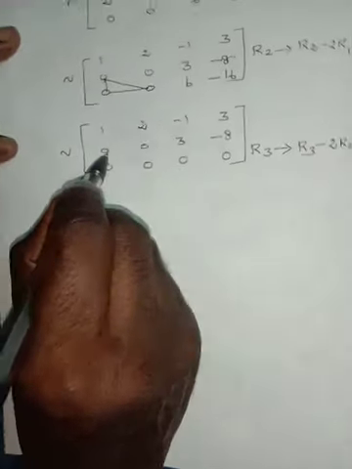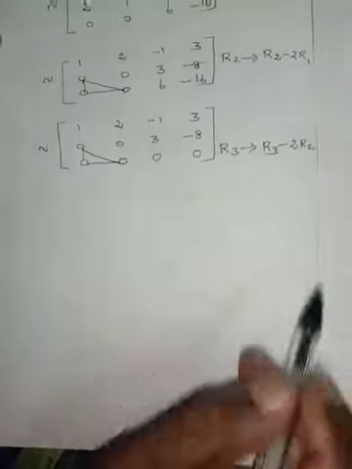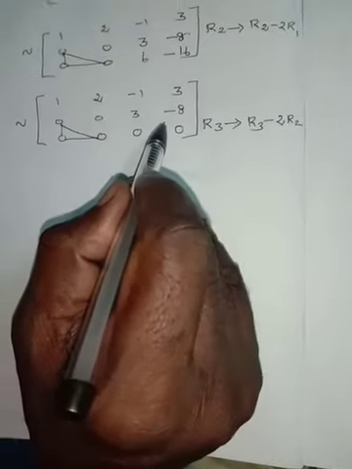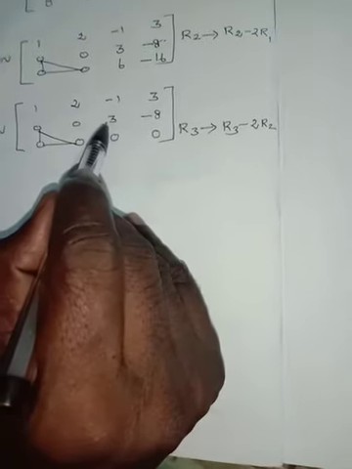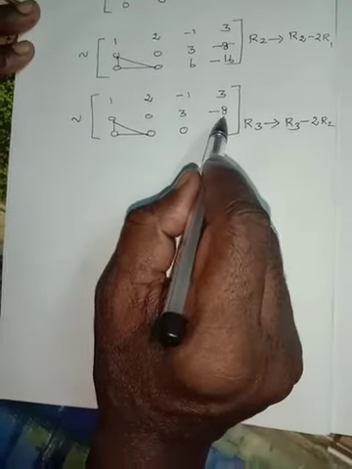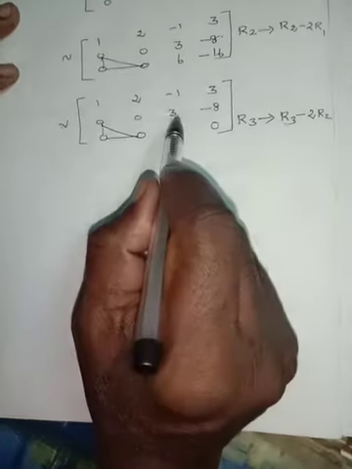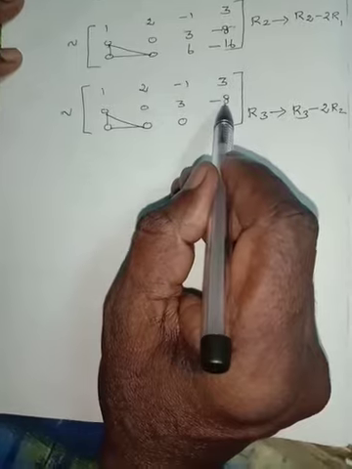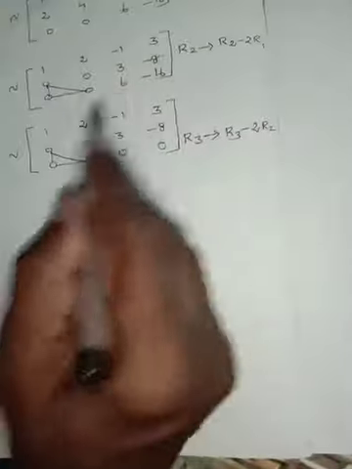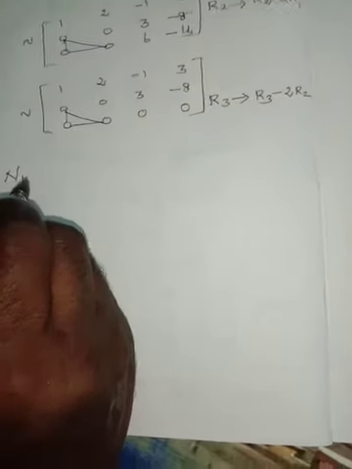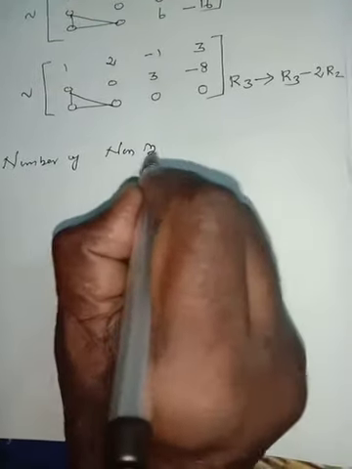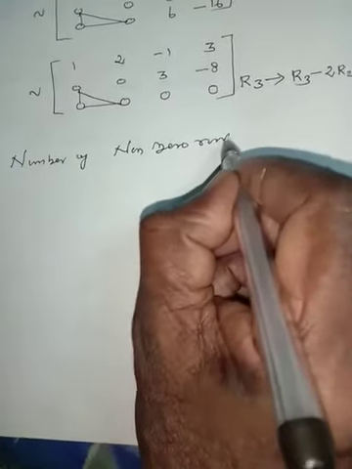Now, in the third row, all the elements are 0. So, the number of non-zero rows is 2: the first row and the second row. Suppose 3 and minus 8 also became 0, that is the A2,3 and A2,4 elements, then the rank will be 1. In this case, the number of non-zero rows is 2.